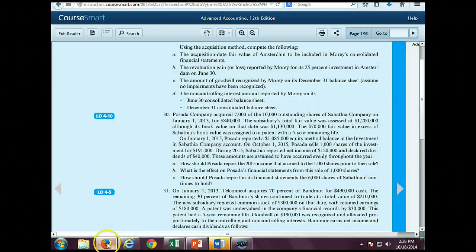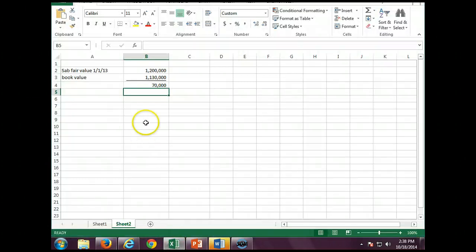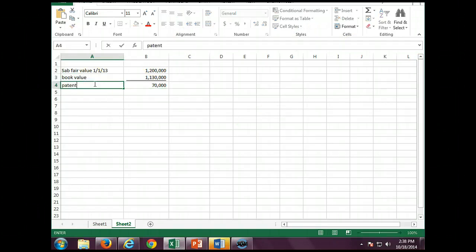Now it told us that excess, the $70,000, was a patent with a 5-year remaining life. So this is the patent, and a 5-year remaining useful life amortizes at $14,000 a year. Do we get that?